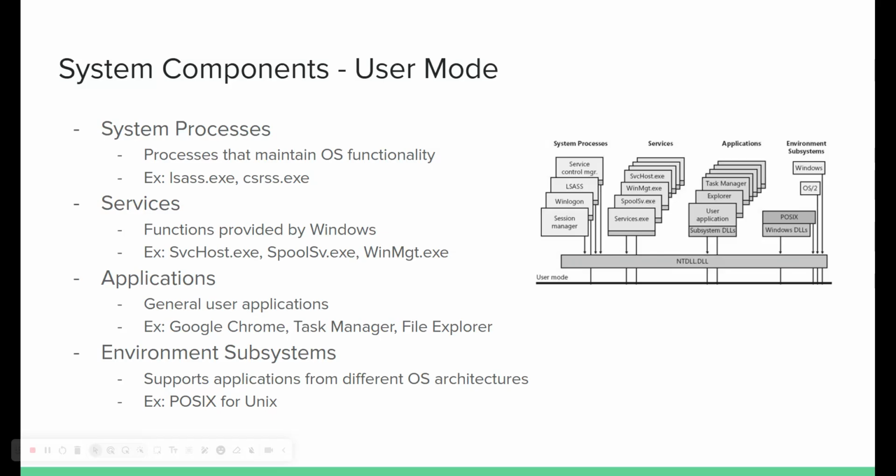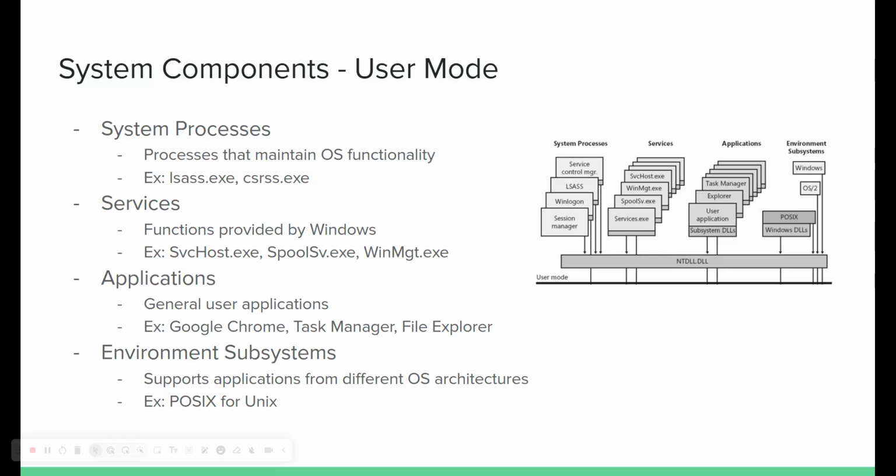Then we have applications, which not much needs to be said about these. They're just general user applications like your browsers, your task manager, any apps that you may have installed. Those are all going to be this broader application category. And then environment subsystems are another easy concept.